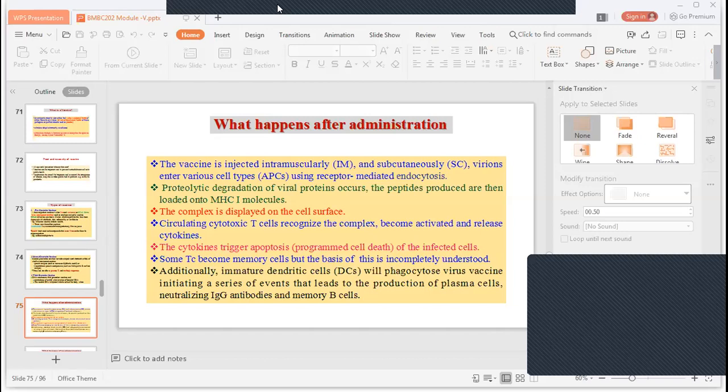These proteins will be cleaved into different polypeptides, and the produced polypeptides are then loaded onto MHC1 molecule. Then you can see that the immature dendritic cell will mature, phagocytosing the virus vaccine, initiating a series of events.